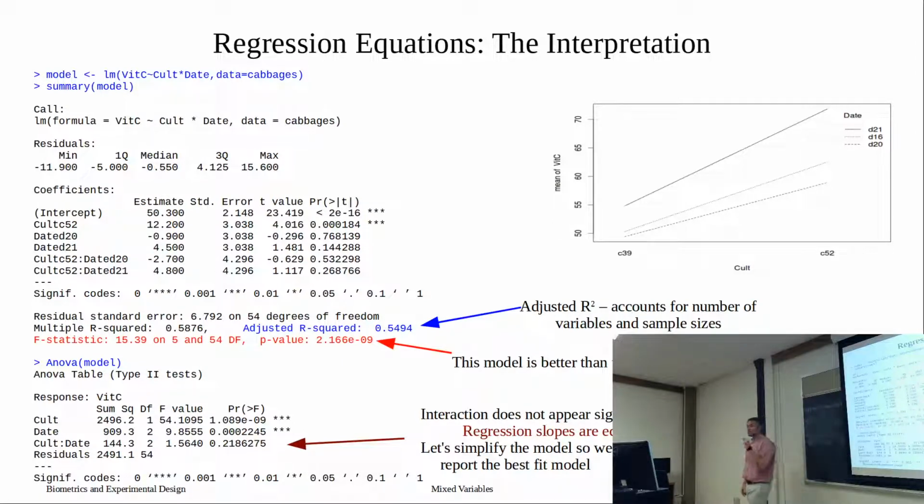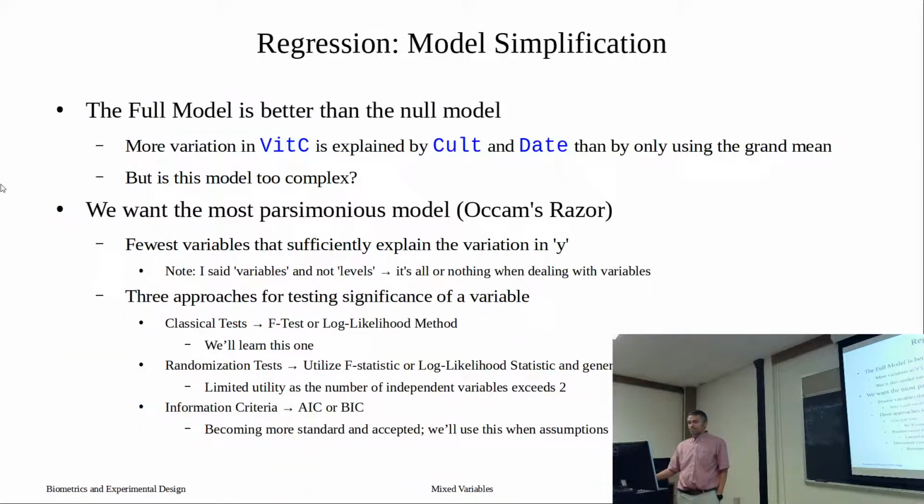We want to get to the simplest model, which is the model that accounts for the most variation using the fewest coefficients. We know the full model is better than the null model, we just showed this. But is the model too complex? So far, yeah, we know that the interaction term is not significant, so we shouldn't really include it. So how are we going to simplify?